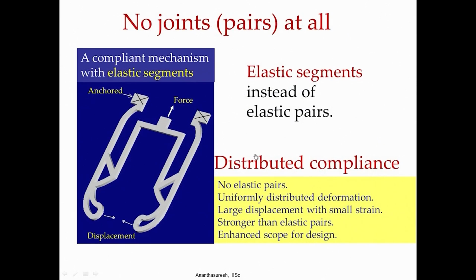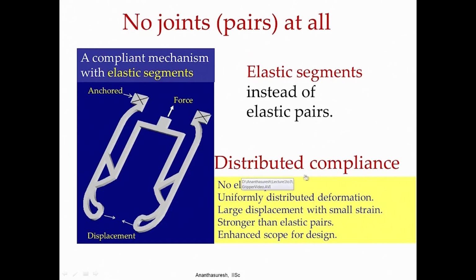Now, having looked at that, if you look at this mechanism, this is a distributed compliant mechanism. There are no elastic pairs here. Even if you want to look for them, you do not find them, you only find beams that are long, and there are some holes here and there. And how does it work? Again, before I show the mechanism, let us look at the fact that there are no elastic pairs in this.